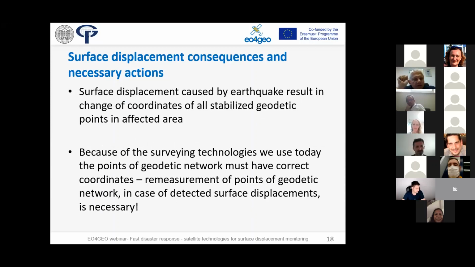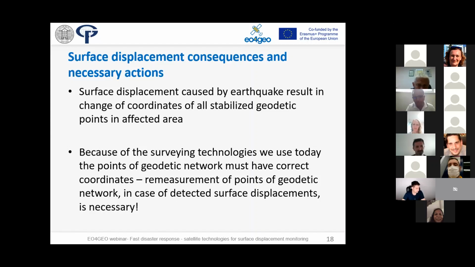Not only the reference station, we have an additional problem, and this is that all stabilized points of the geodetic network, or geodetic points, if they are in a region which is affected by surface displacement, are also affected. So their coordinates also changed.